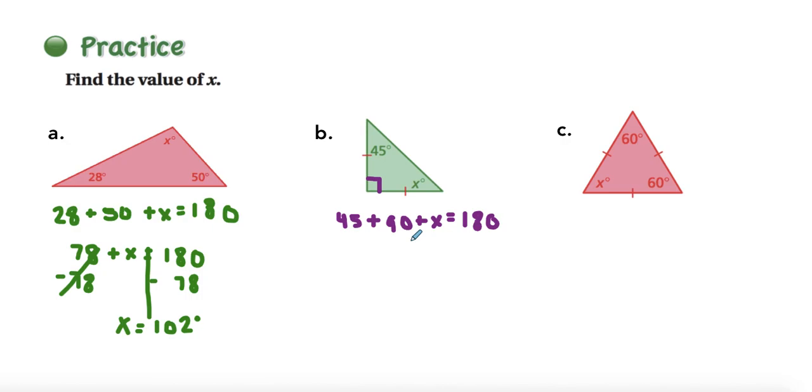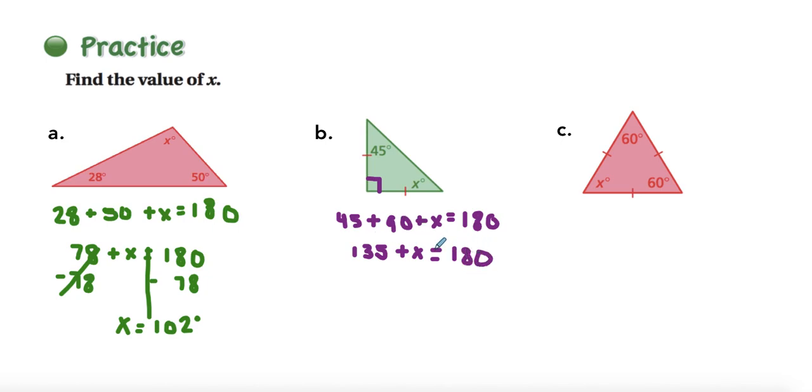First, I'm going to combine 45 plus 90, which equals 135, plus x is equal to 180 degrees.